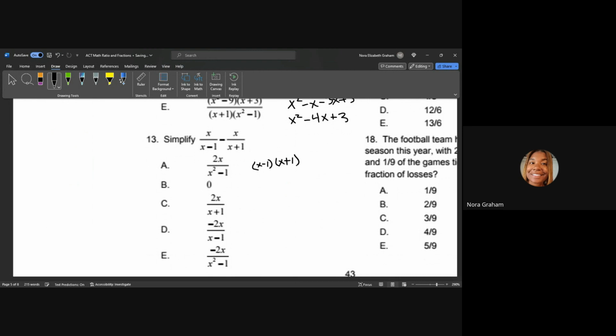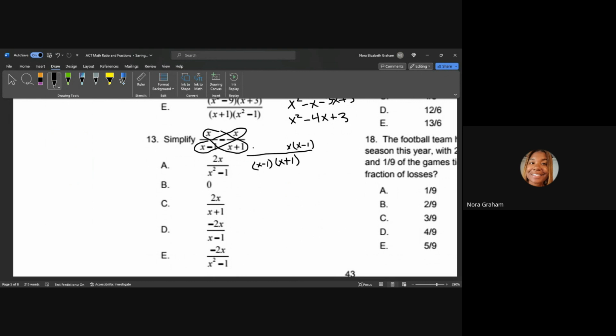Okay. And now I do the cross method for my numerators. I do x times x minus 1. All right, and then cross multiply the other ones and subtract it.